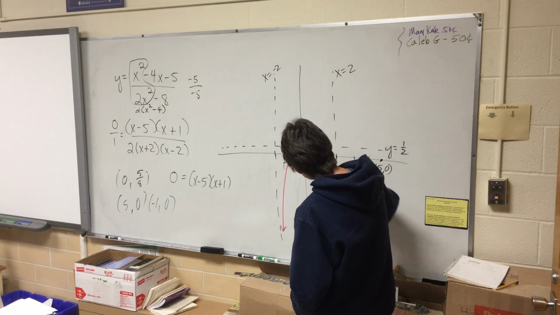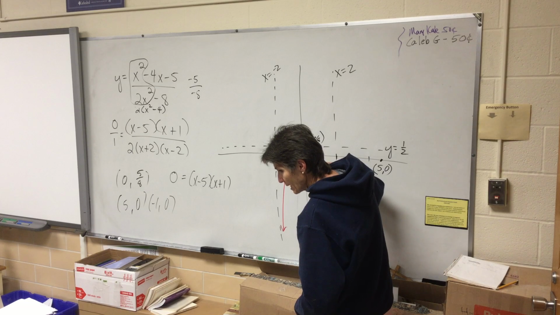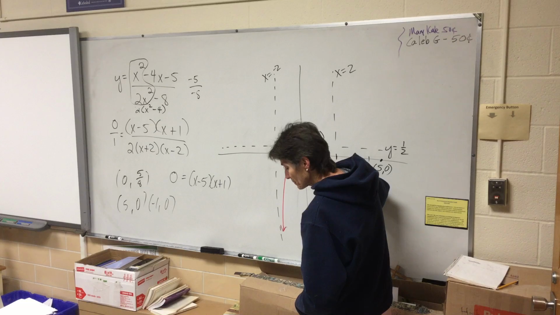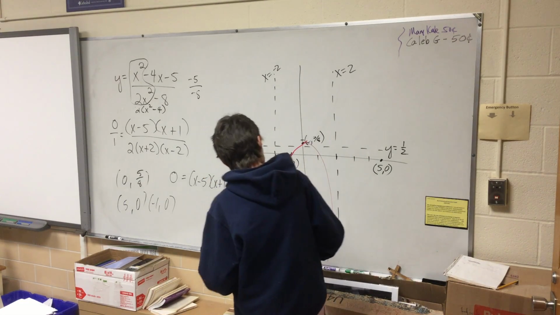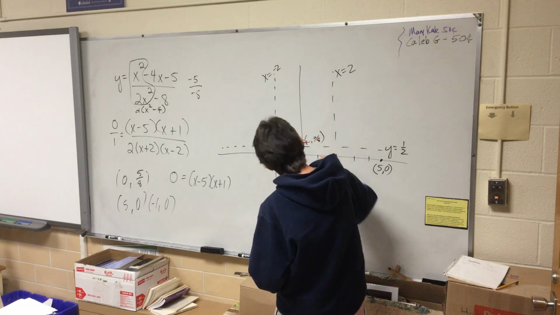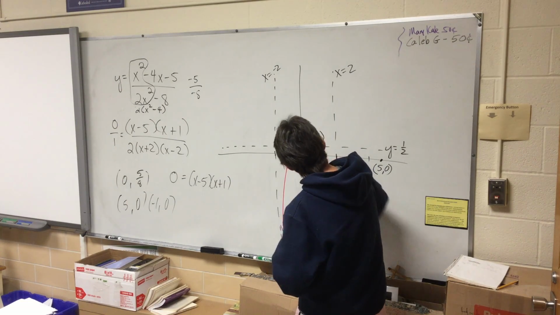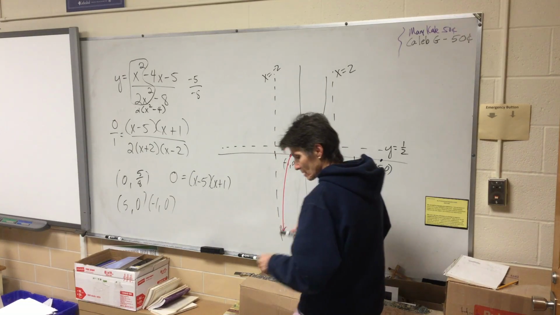Because if it did this, I would need to have a point plotted here, wouldn't I? Like I have that one plotted, wouldn't I need to have another one over here? And I don't. You cannot create new intercepts. The only intercepts you have are the ones you found over here. So this cannot turn around, it must just keep on going. Whoops, wrong color.